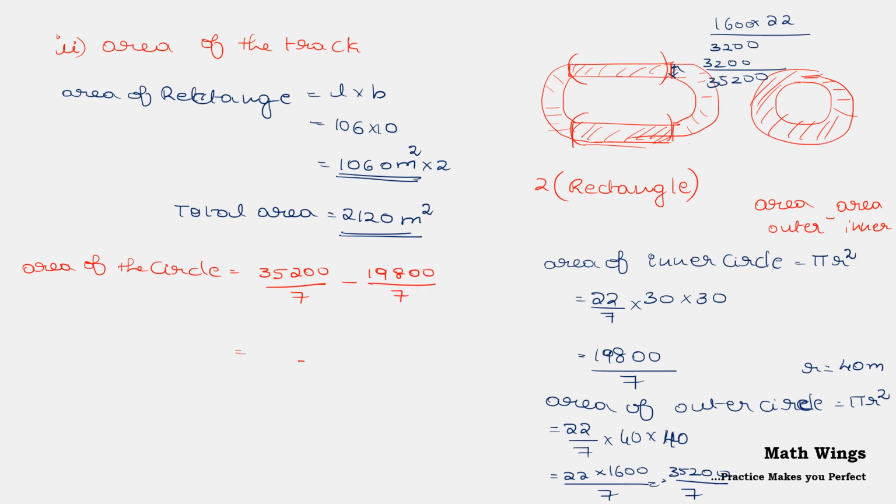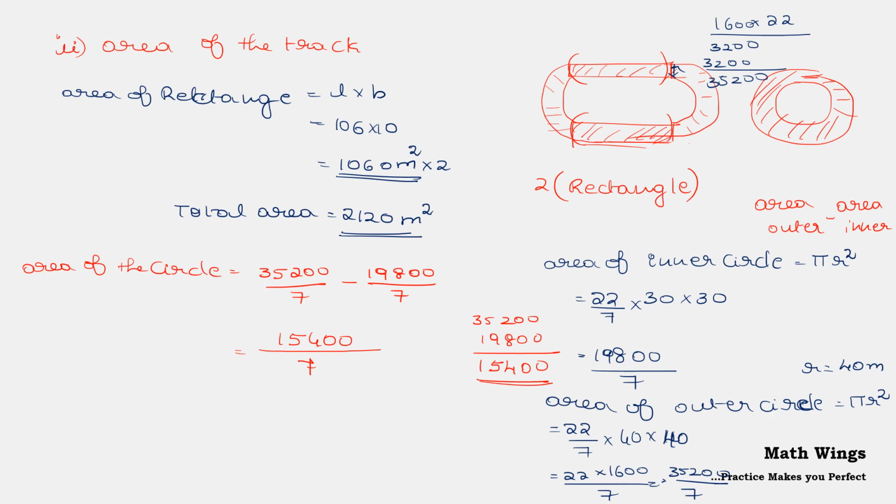So 7 remains in the denominator and the numerator becomes 35,200 minus this one. So I'm getting here 15,400 divided by 7, and this is the area of the circle.